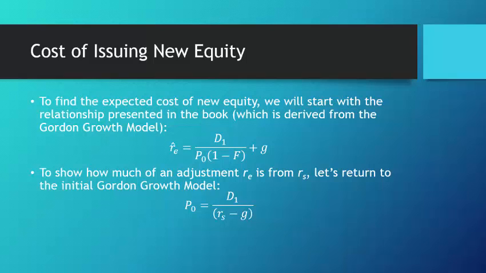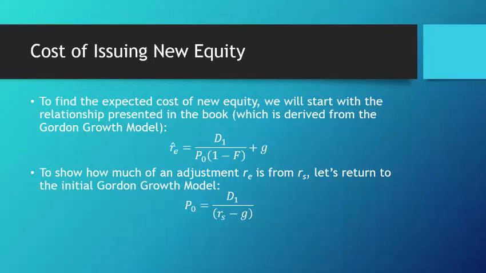If we solve for R sub S, we get something really similar to R sub E, except for the 1 minus F. The point here is, if everybody wants the same kind of return, let's get R sub E in terms of R sub S instead of this P sub 0 in the middle.